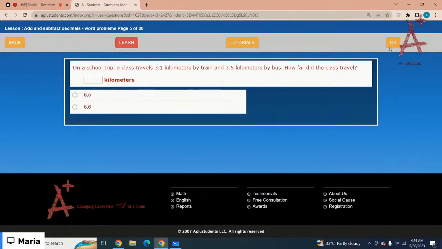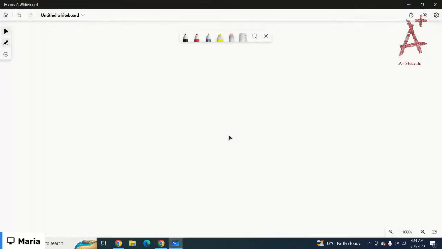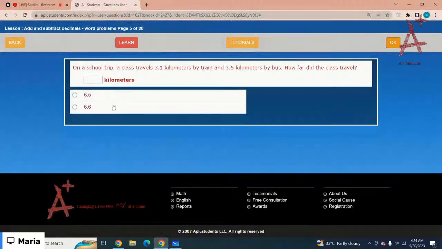So for the total distance, you have to add them, 3.1 and 3.5. 5 plus 1 is 6 and 3 plus 3 is 6. It would be 6.6. So the correct option is 6.6.